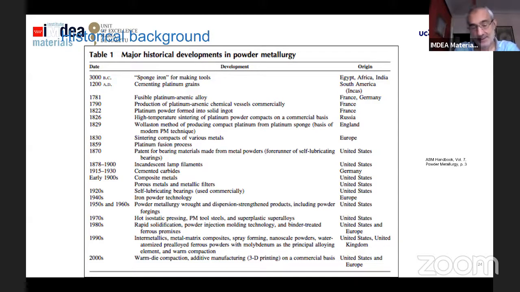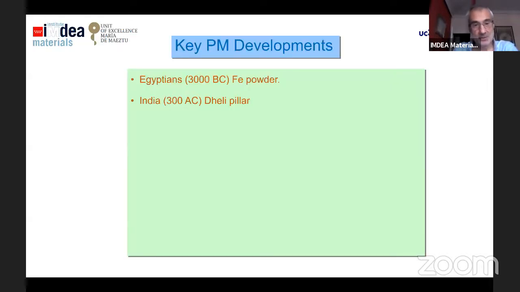We will go in the next slides into more detail on what, in my opinion, could be the most important milestones. You can find this extensive table in the ASM Handbook, volume 7.